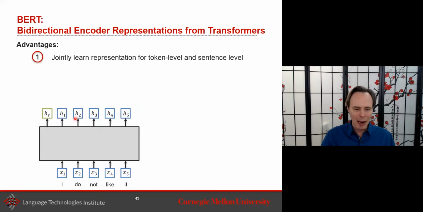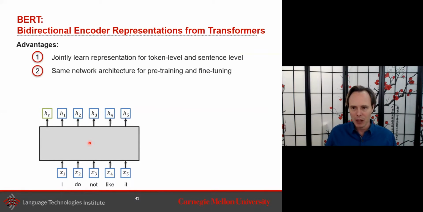So in one model, I'm going to learn how to encode at the sentence level and also encode each individual token. Sometimes I would like to use only one and not the other, and maybe there's a slight waste there. But the nice thing is the same model will give me both.